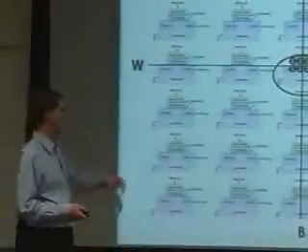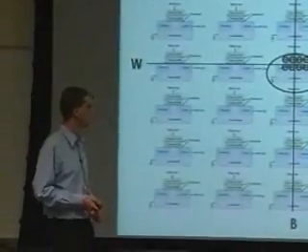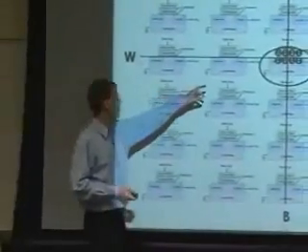So think of a matrix, an array of flash cells, and let's say we want to program this cell here. What we do, we bias its row. It's called word line, that's the W. We bias its column. Bias, I mean we apply some voltage to some of its legs.